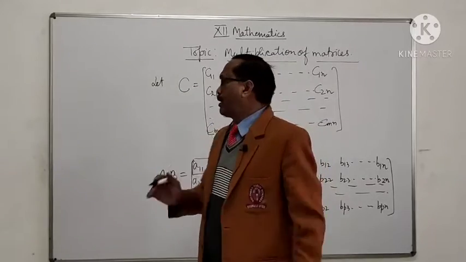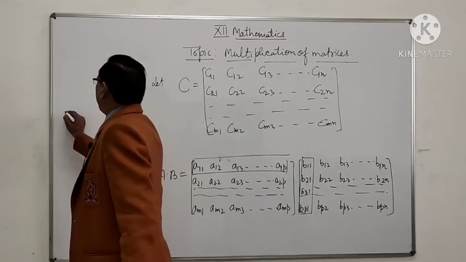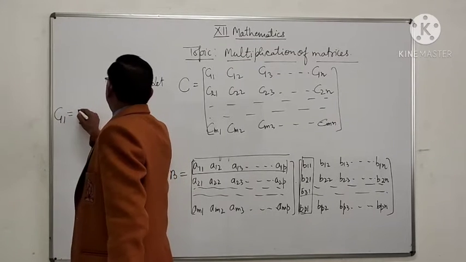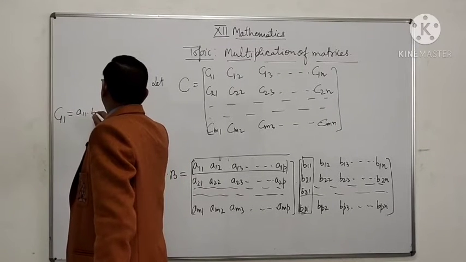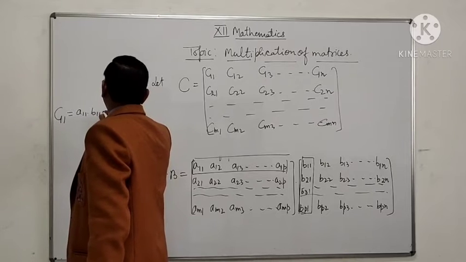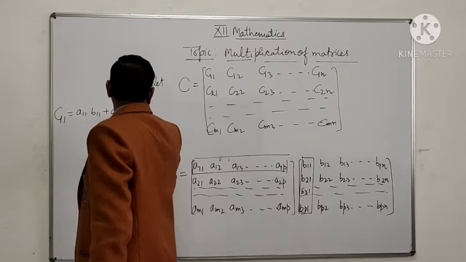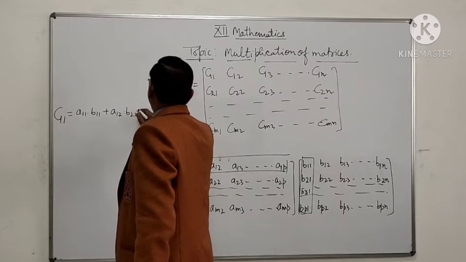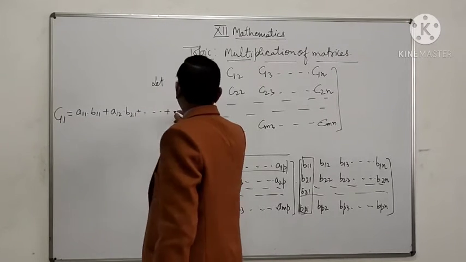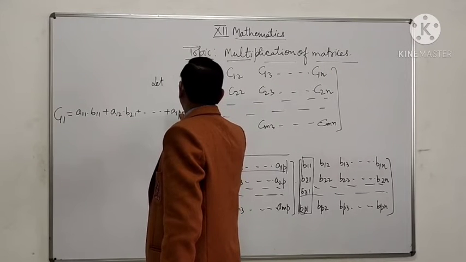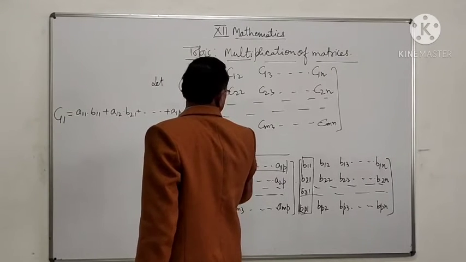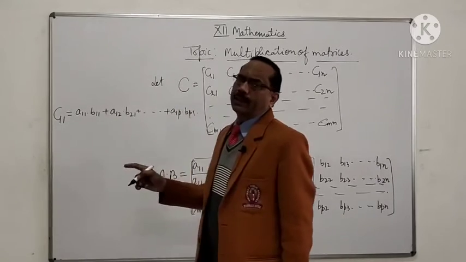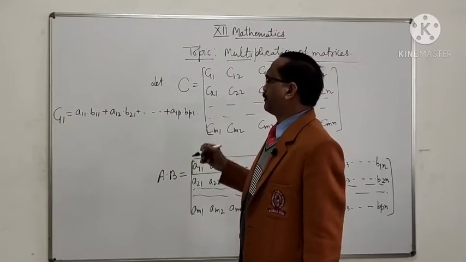Then we add all the elements, and that is the value of C11. So C11 is A11 into B11 plus A12 into B21 and so on plus A1p into Bp1. Student, that is the value of C11.